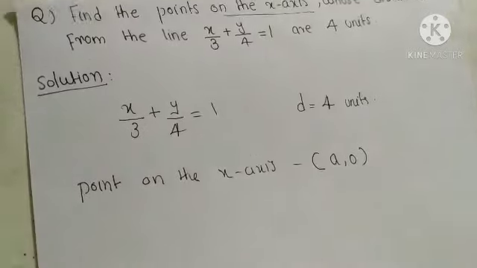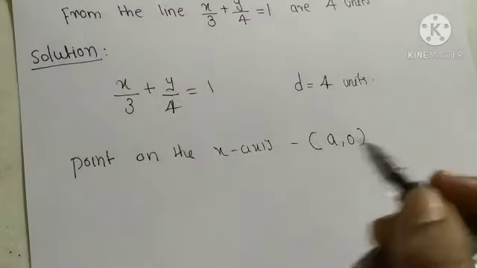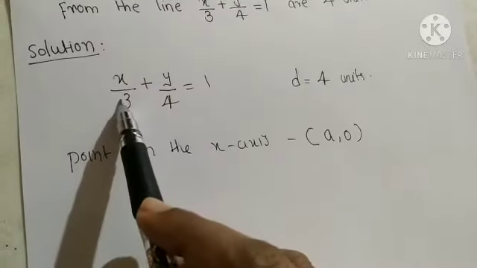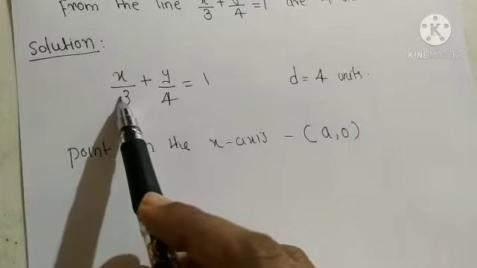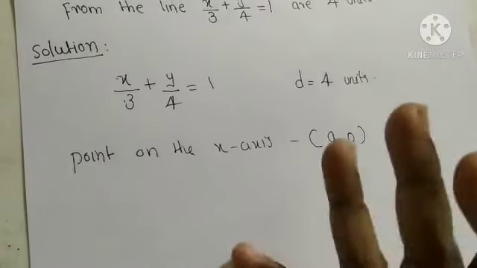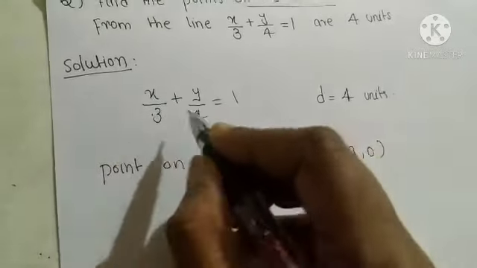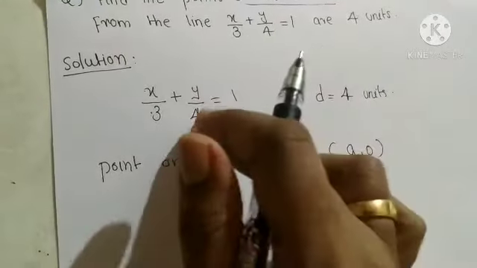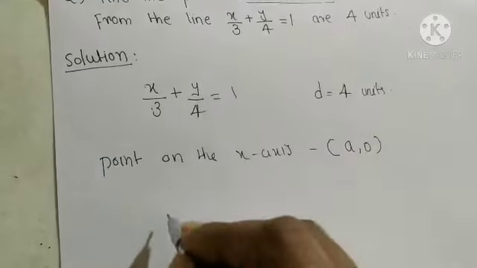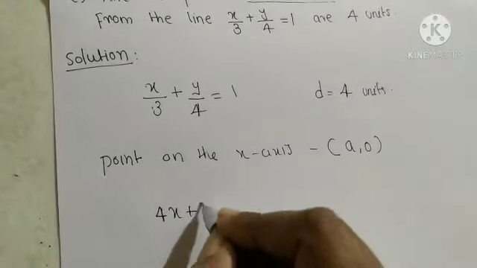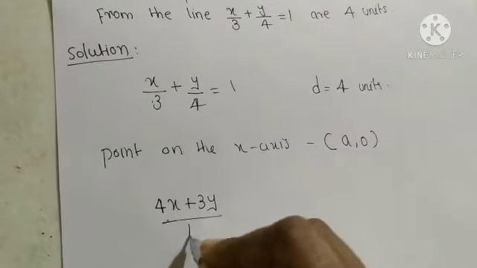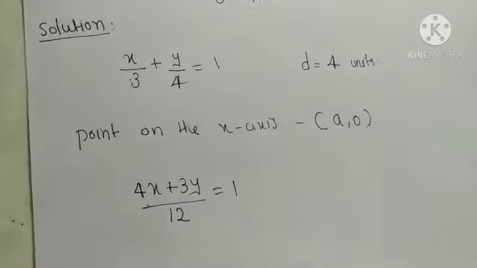Okay, so here first of all I am going to convert this intercept form into general equation of line. So for that I am going to cross multiply this term. We get 4x plus 3y divided by 12 equal to 1.